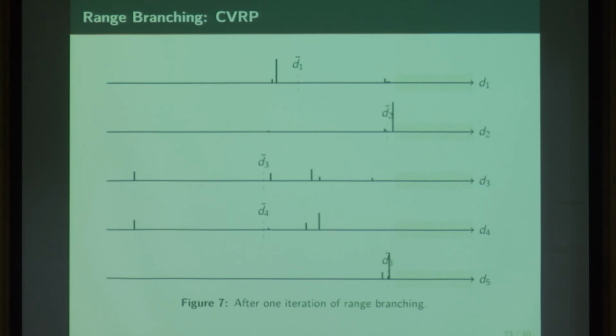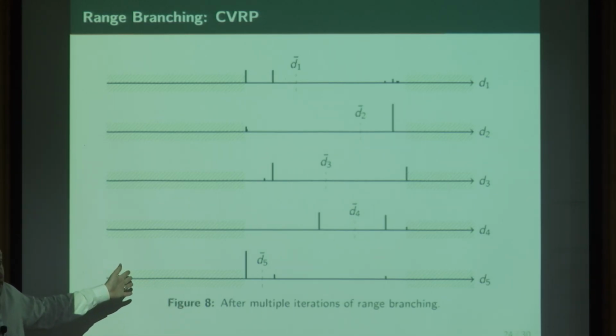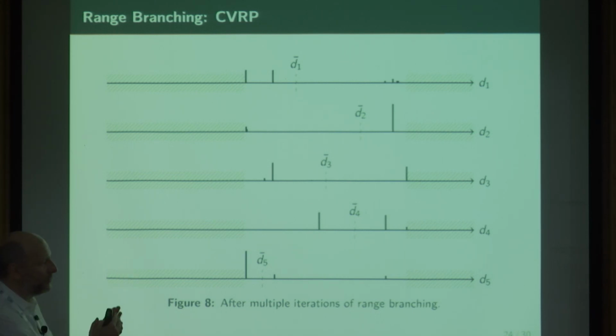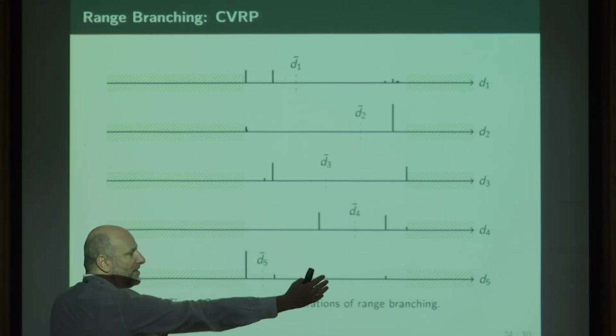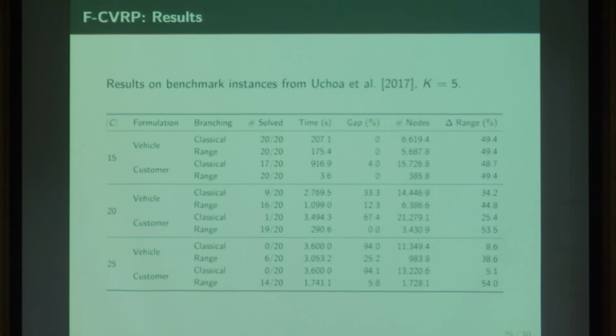After one branching, we are here, but after a few branchings, we are really restricting the solution space because we can fix variables a lot. Of course, this fixing of the variables is the one associated with gamma. You're fixing on the upper side when you're branching on eta, and you're fixing on the lower side when you're branching on gamma.